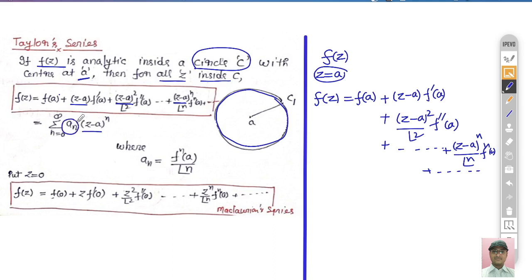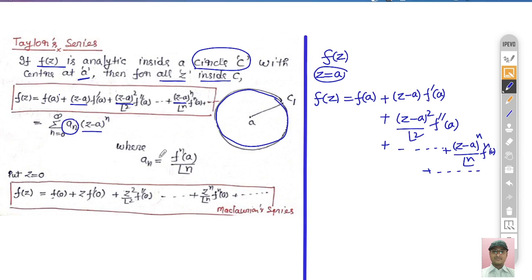What about this a_n? This is a complex number, and this value is a_n equals the nth derivative of f at a upon factorial n. Once you put n is equal to 0, it is the 0th derivative, which means the function itself, that is f(a), and factorial 0 is basically 1.